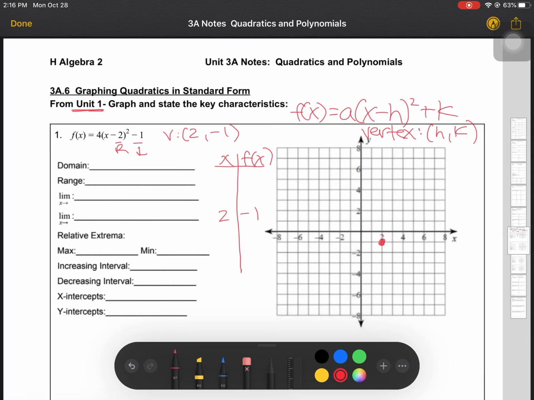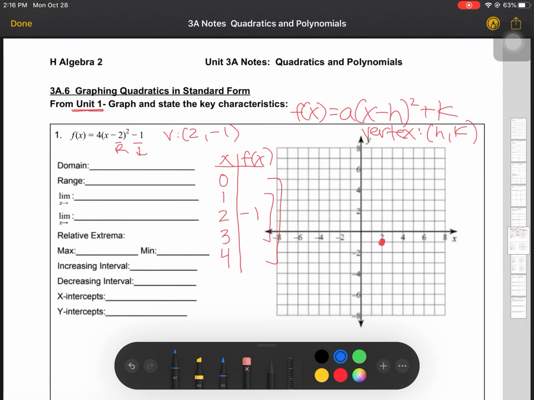So we put (2, -1) in the middle, and then we plugged in 2 to the left and 2 to the right. You're going to want to take a second and plug those numbers, 1 and 3, not into your vertex, into your equation. 1 and 3 will have the same y value, and 0 and 4 will have the same y value.